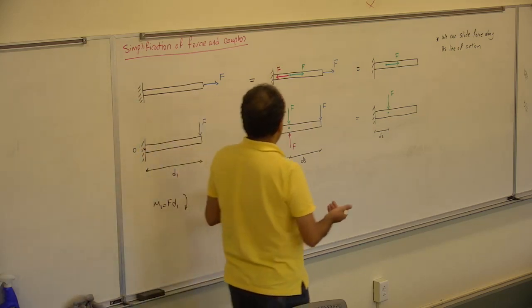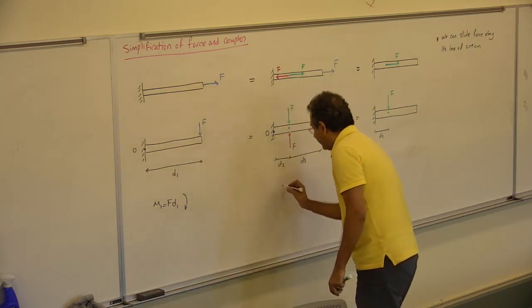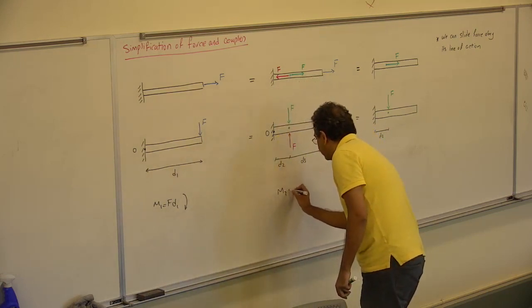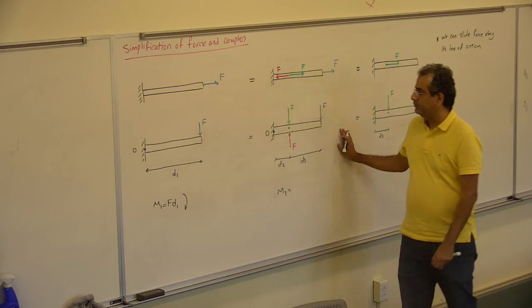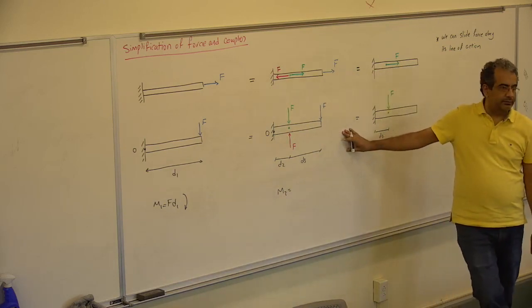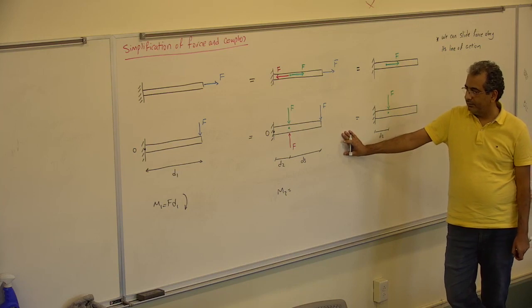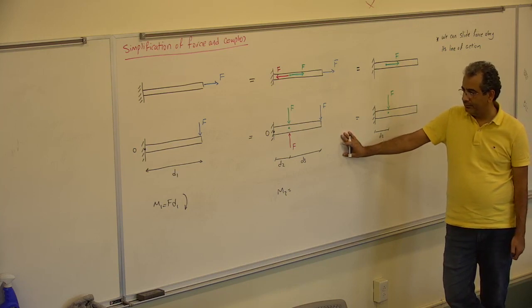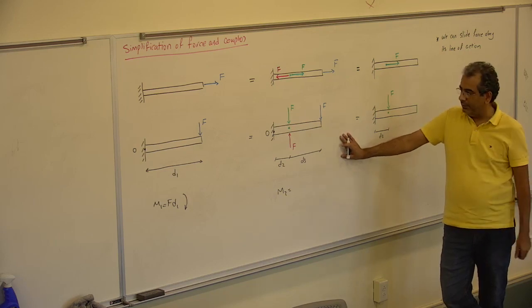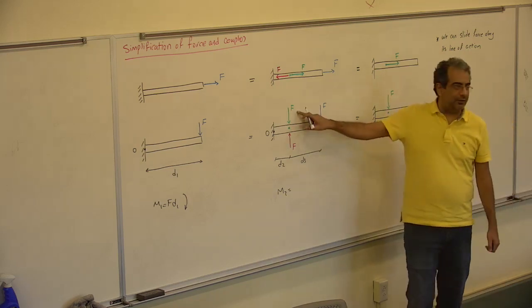What about here? What's the moment about point O in the second case? F times D2 plus D3, the same thing as D1, because these two will cancel each other eventually.